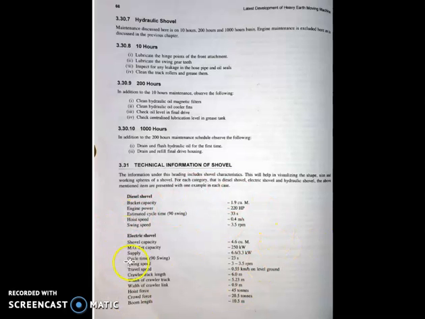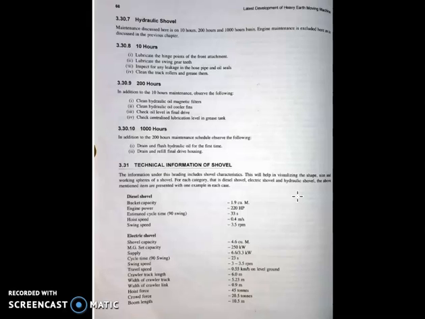And this is the technical information of a shovel. And swing speed are most important.